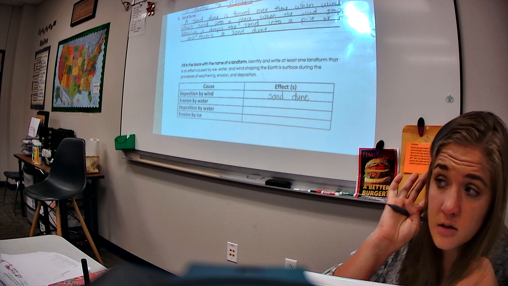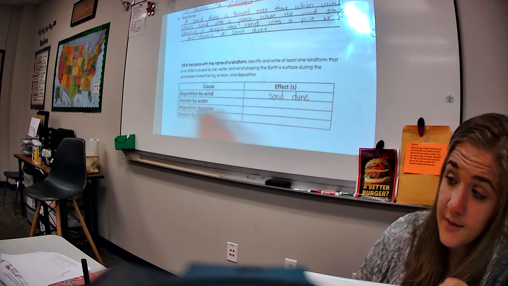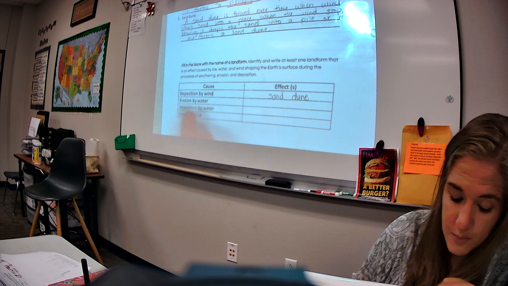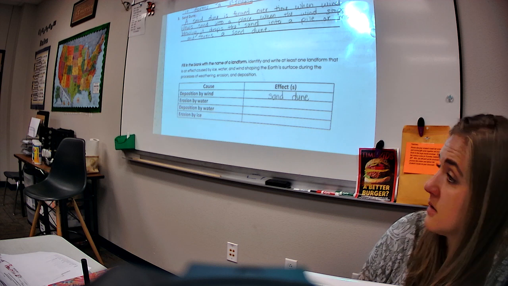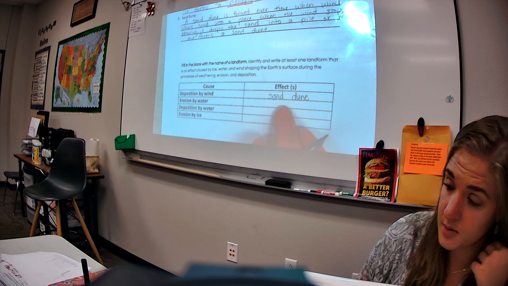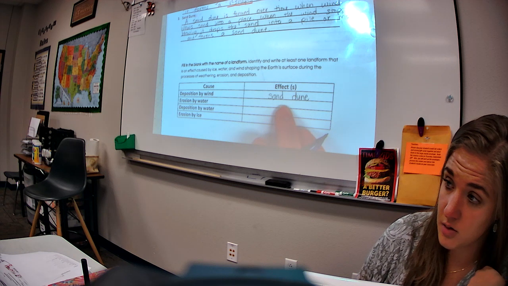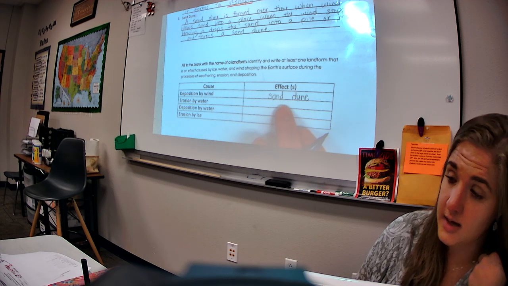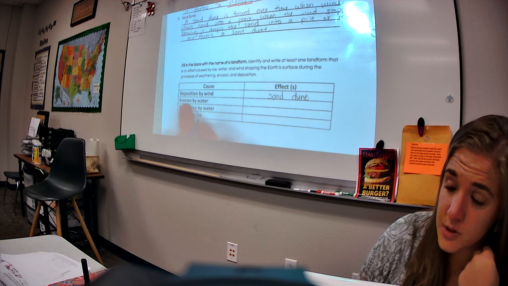So, say it again. What landform is made from water eroding things? Erosion by water will form a what kind of landform? Okay, let's think about it this way. What does erosion mean?